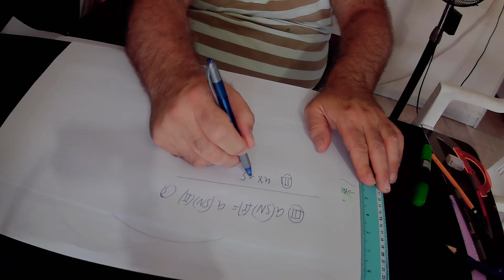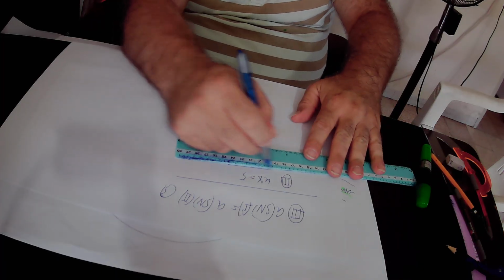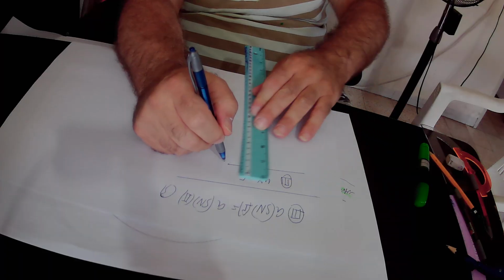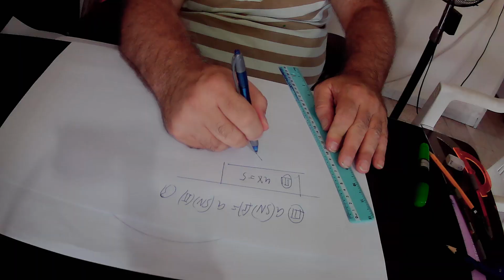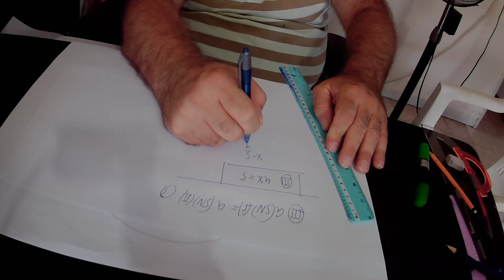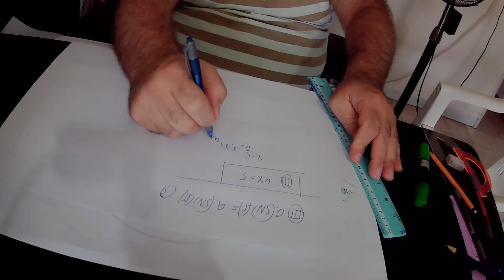So in total, according to equation 3, we found out that 4x equals 5. Here we divide equation 3 by 4, and finally we get that x equals 5 over 4. 5 over 4 is 1.25 units.